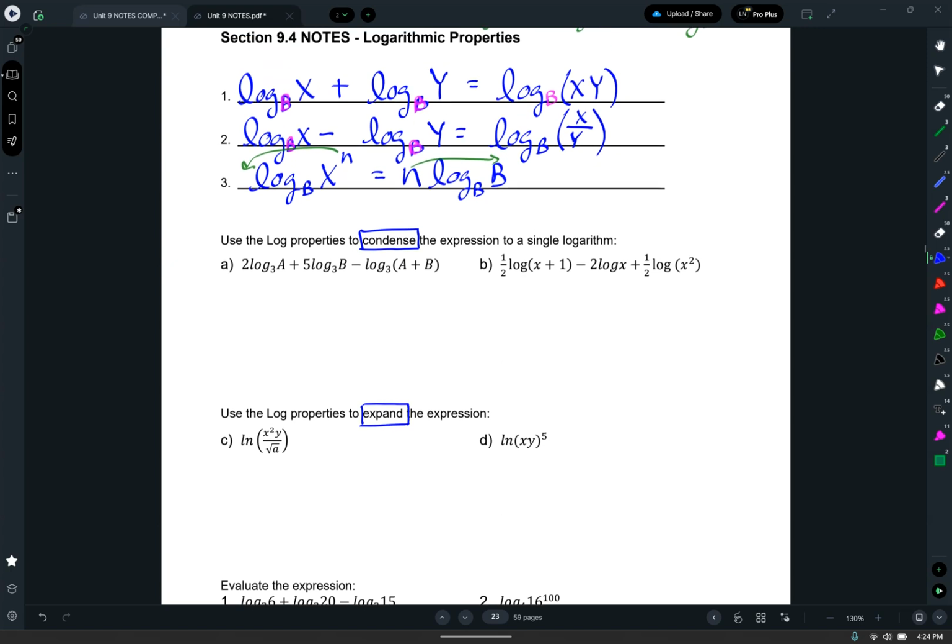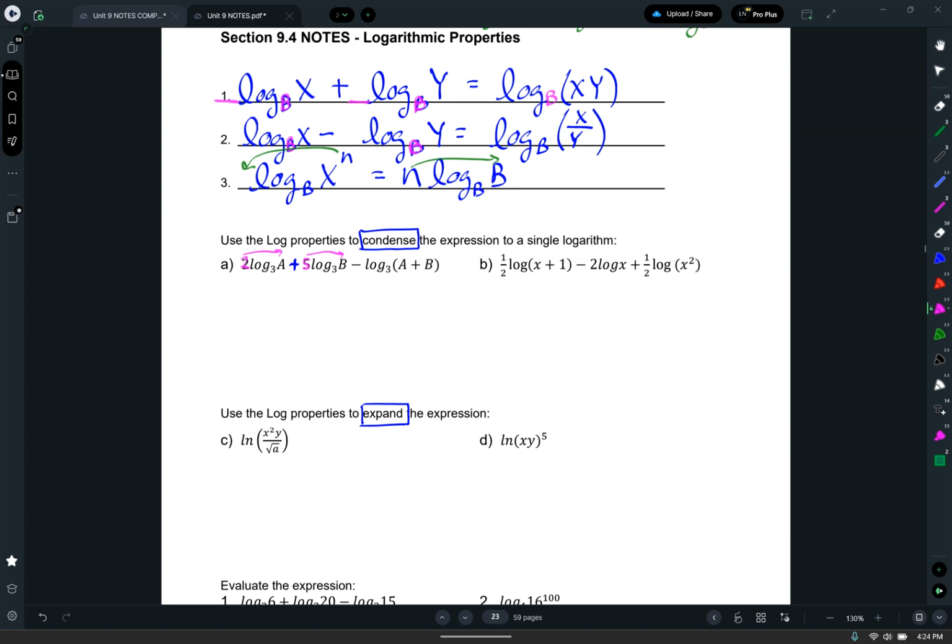Before I can consider the idea that I have addition of logarithms, I need to move the 2 up to be the exponent, and I need to move that 5 up to be the exponent, because if you'll notice up here on the properties, on property number 1, when I combined those logarithms, there was nothing out in front of the logarithm before I combined them, right?